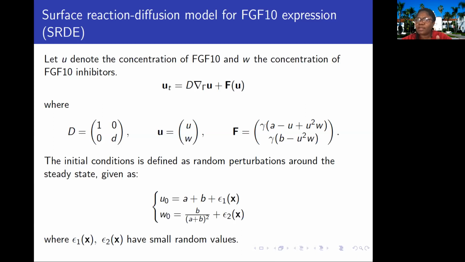It describes how sonic hedgehog or other inhibitors inhibit the growth factor FGF10, and also how it increases the expression of the inhibitors. So this is a very specific model that describes molecular interactions.